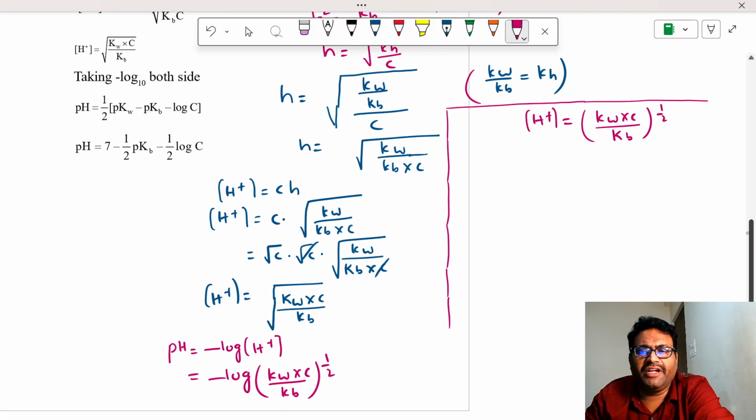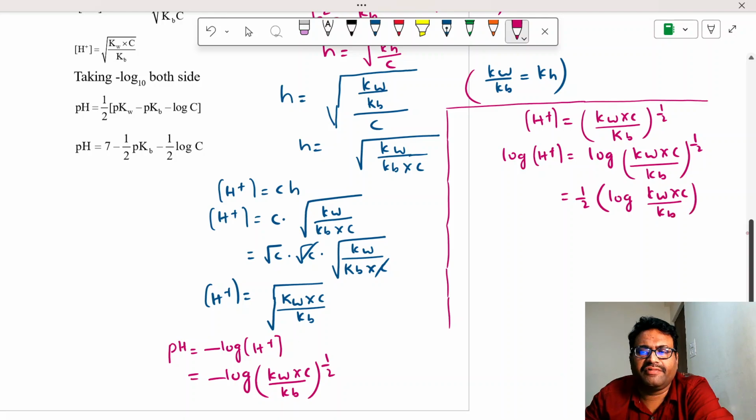Let me multiply logarithm on both sides. Log H plus is equal to log Kw into C by Kb power 1 by 2. Right? Then what do you write? Log A power x is equal to x log A. So I can write it as half log Kw into C by Kb.